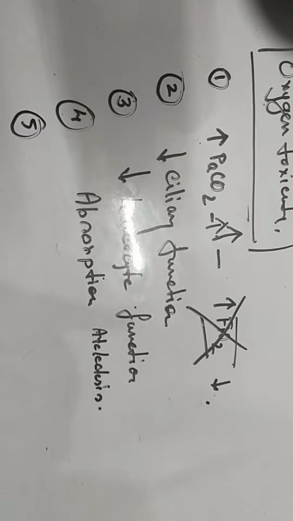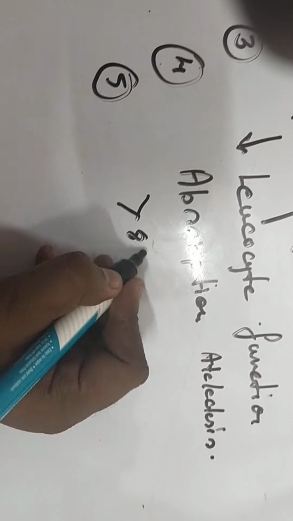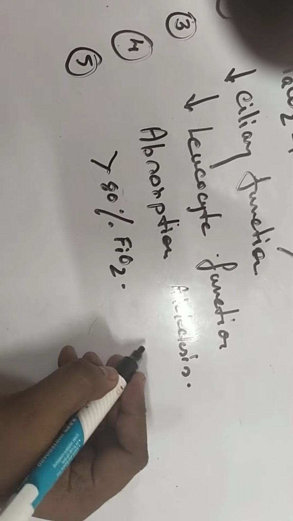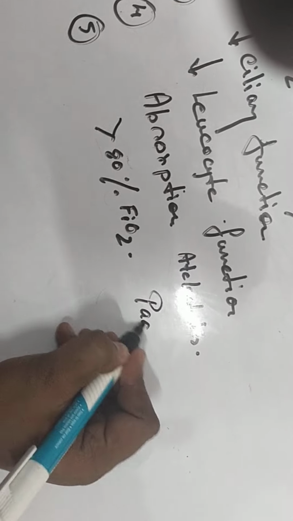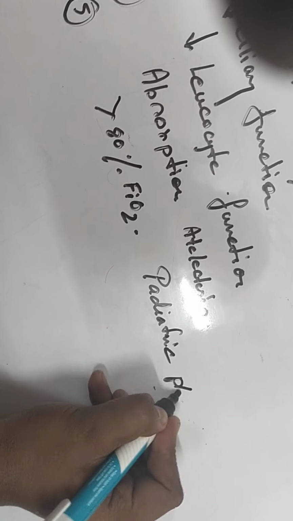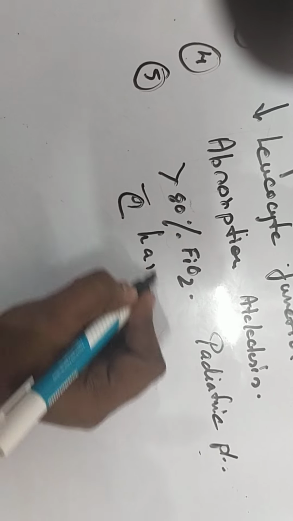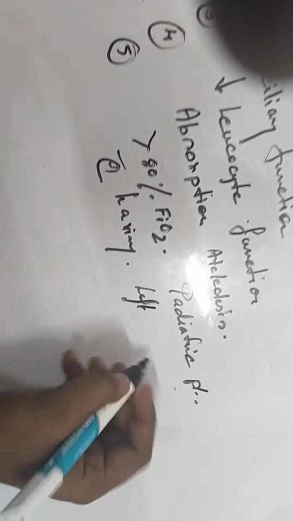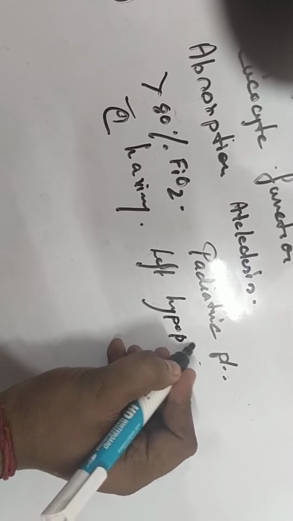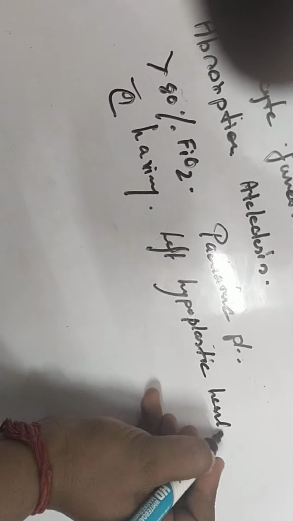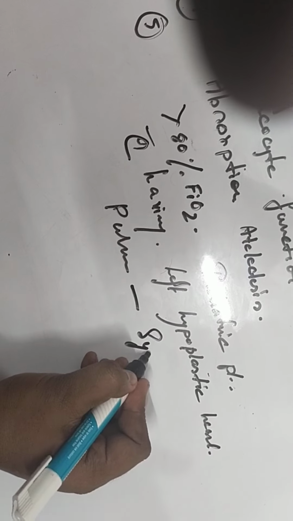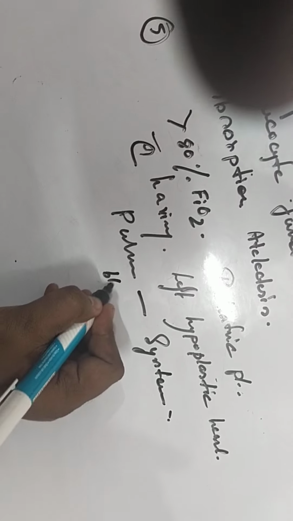In case of children, if you give more than 80% FiO2, in a pediatric patient with left hypoplastic heart, pulmonary and systemic blood will be desaturated.